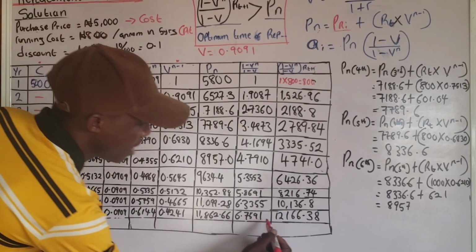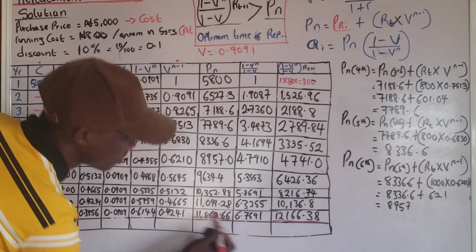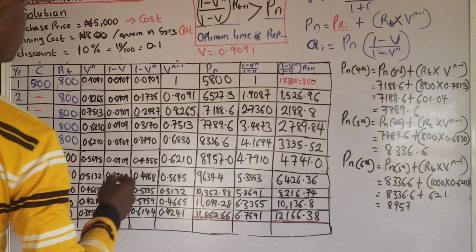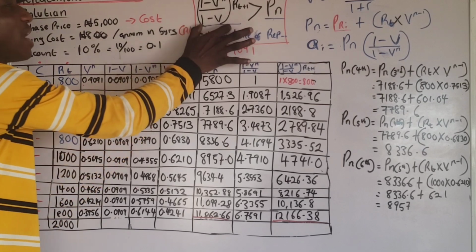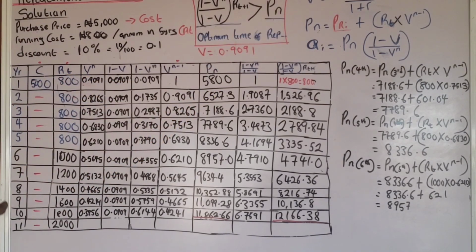That is, the value that you have here is greater than the value that you have here. So it is in the 10th year that the machine or the equipment is going to be replaced. If you didn't understand, listen to the explanation again. Don't forget that I gave you a condition: the optimum time of replacement of the equipment will be when this value is greater than this value. That year will be the time in which the equipment or the machine is going to be replaced.